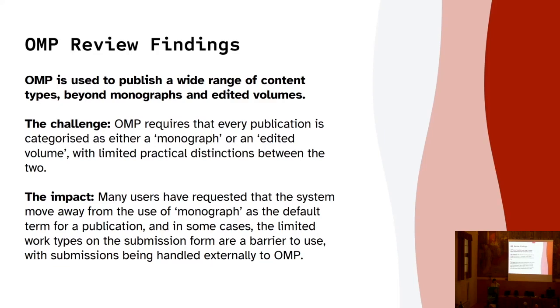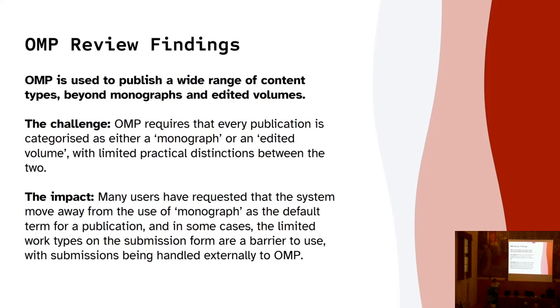It was designed initially in partnership with Athabasca University Press, who were one of the very first open access presses, and a lot of that legacy is still there, where we see that users are having to work around decisions that were made to make it work for them, but they really want it to work for them, and they've put the time in to be able to publish more than monographs and edited volumes.